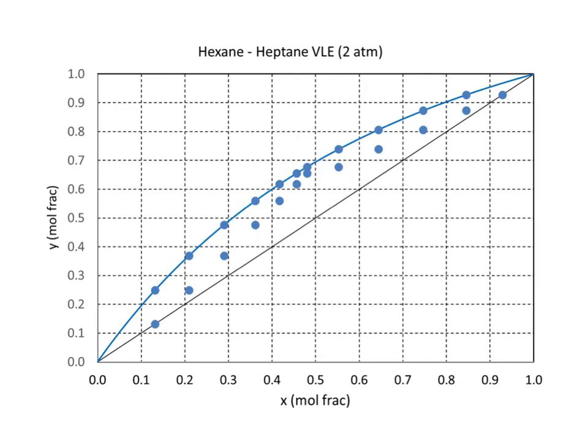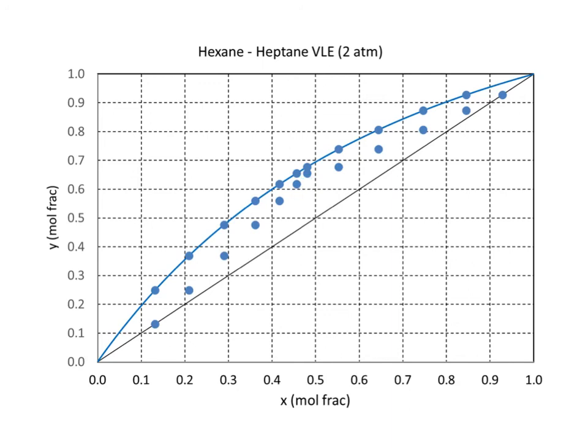The streams leaving each stage are here on the equilibrium line. They're in equilibrium because they are leaving each stage, and that's the assumption of an equilibrium stage. The streams passing between stages are plotted here.